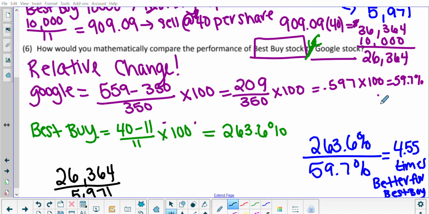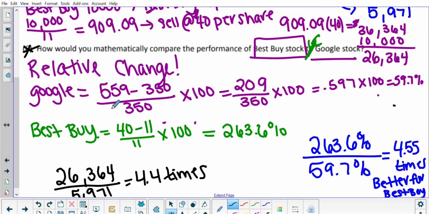We rounded here when we were doing our percents. We rounded to the nearest 10, so obviously it's going to be off, okay? So this was very close. Either way works. I personally think that number 6, doing relative change, is much easier to grasp, okay?